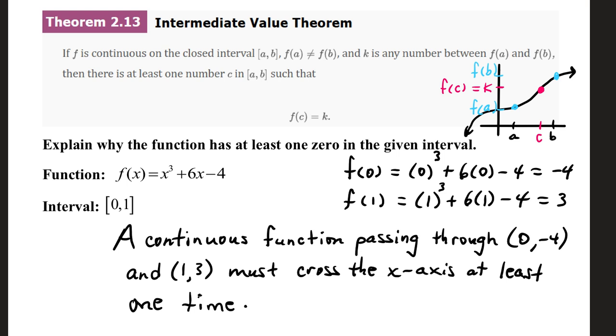So I wrote a description underneath: a continuous function passing through (0, negative 4), and I got that point from plugging 0 into my function with an answer of negative 4, and (1, 3), when I plug a 1 in, I get 3 as my answer. Input, output. Must cross the x-axis at least one time. That's what the intermediate value theorem guarantees.